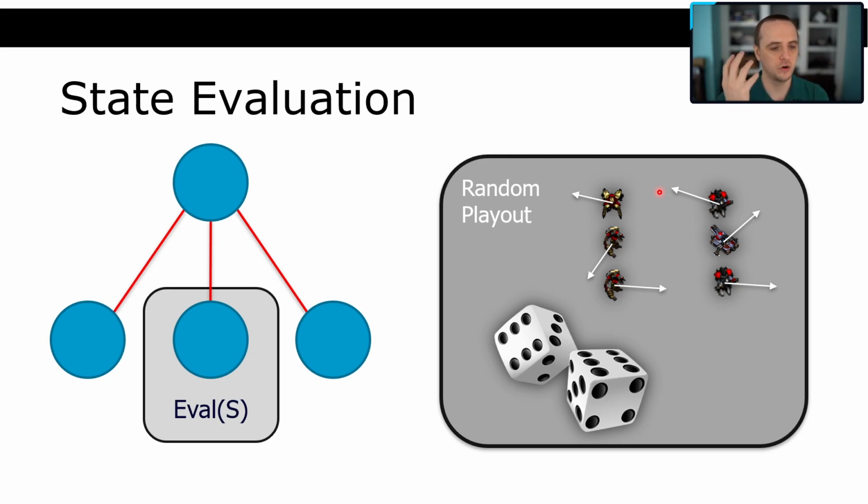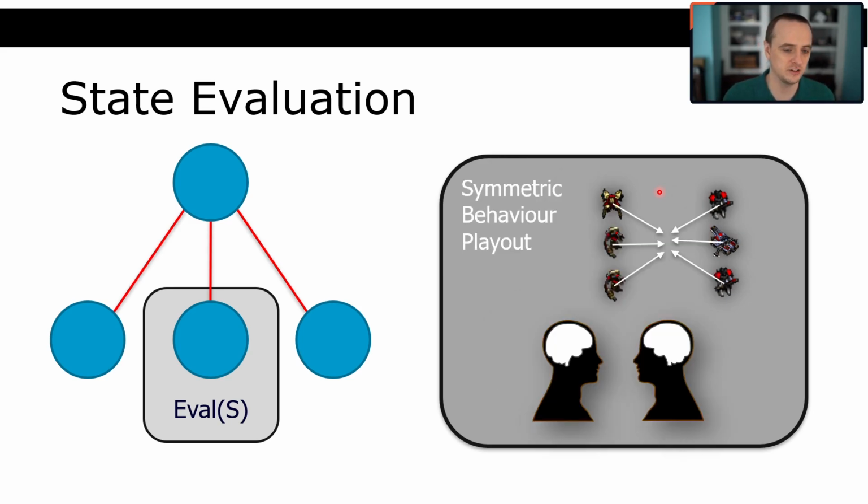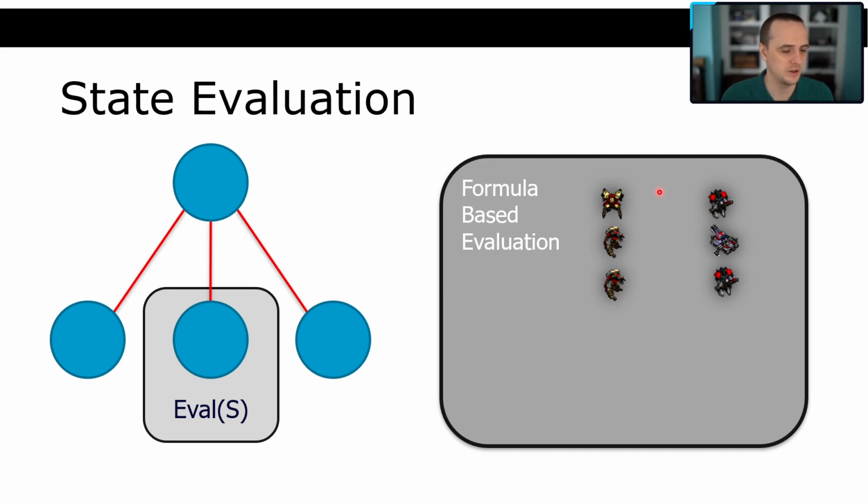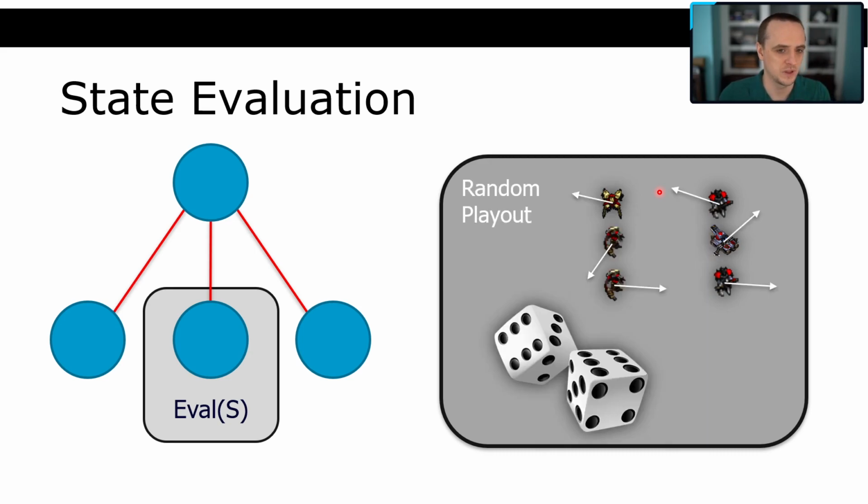Right? So who is winning from this game state? You look at a state of the game, and if you're a professional commentator for a sports game, you might say, oh, this team is winning, or oh, that team is losing, or whatever. How do you know who's winning or losing? Well, the formula-based evaluation wasn't doing a good enough job.